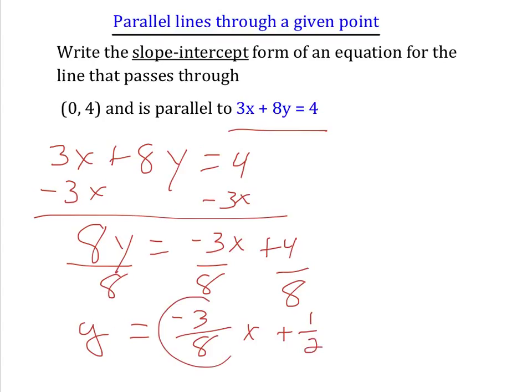So now I have my slope right there, and I can go ahead and use that and the point that we're given here to write the line that's parallel to that. So this one requires a little bit more work.